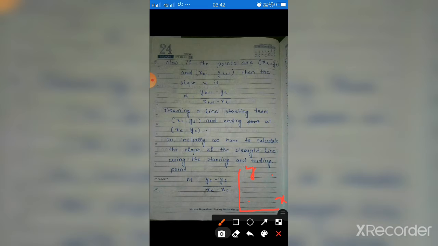In between these two endpoints, the points are xk minus 1, yk minus 1, then xk, yk, then xk plus 1, yk plus 1, xk plus 2, yk plus 2, in this way. The first point is xk, yk, then the next point is xk plus 1.